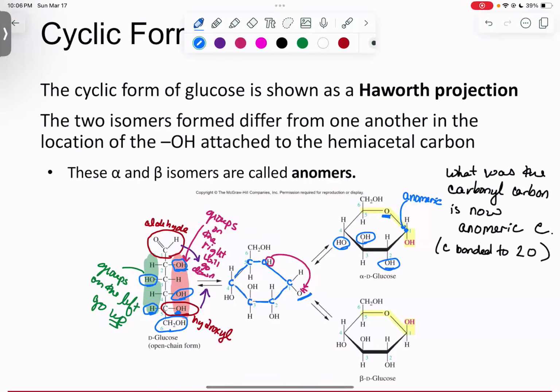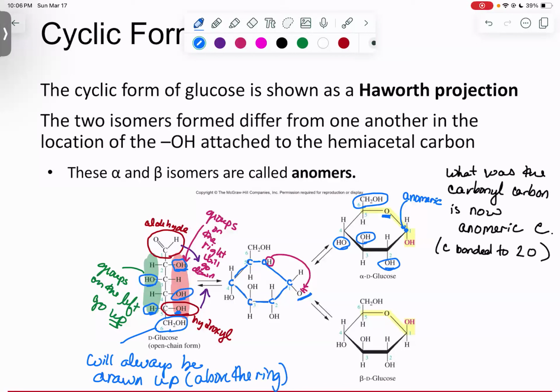The standard in the field is to put the CH2OH up. So this will always be drawn up, which means it's above the ring. Up means above the ring, down means below the ring, because it's a ring structure.